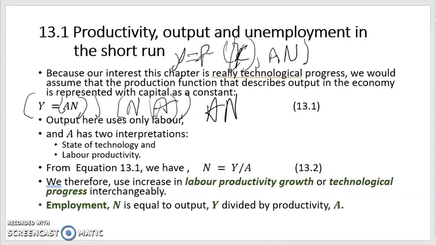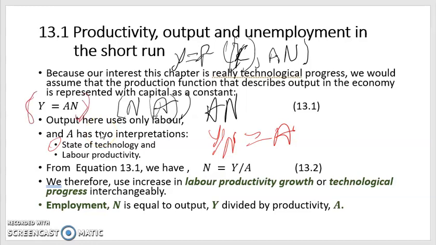So A has two interpretations here. One is the one we've been discussing, the state of technology itself, as shown here. The other is labor productivity, or output per worker, which follows from the fact that Y over N, output per worker, equals A. This comes from making A the subject of this formula.